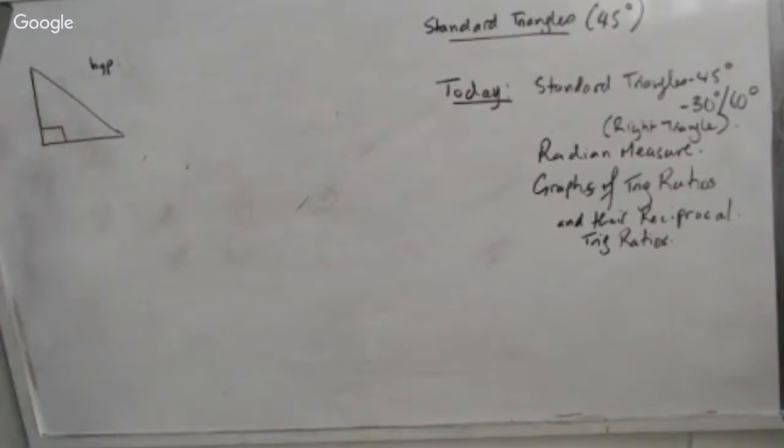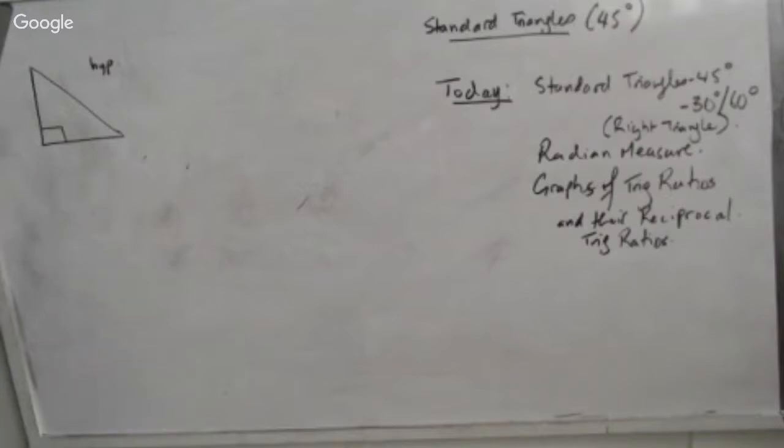Fair enough? So that means the angle that is smallest will be opposite to the shortest side. It just works like that. And if two angles are equal, the sides opposite to them will also be of equal length.